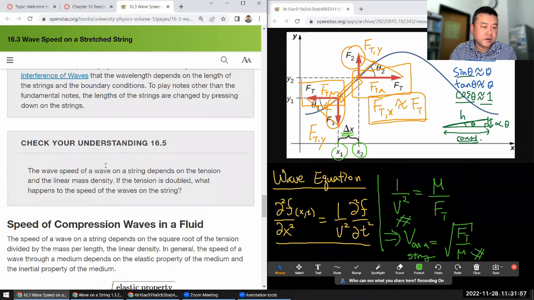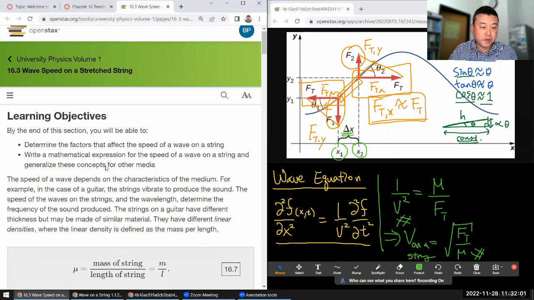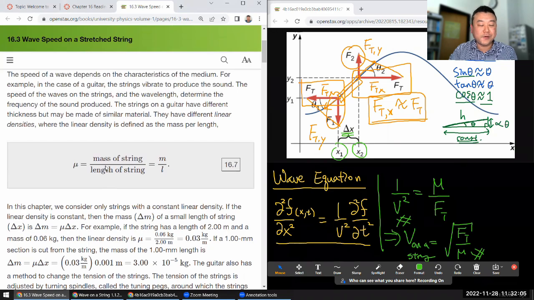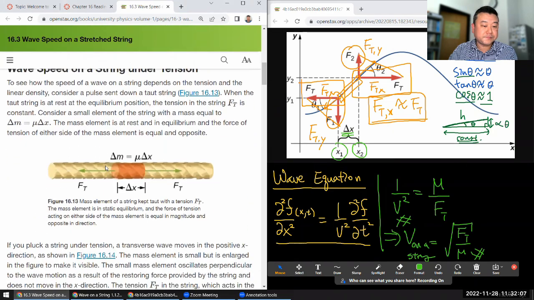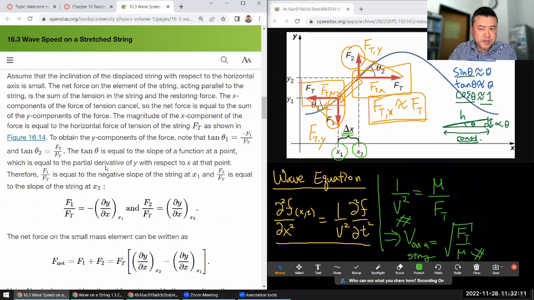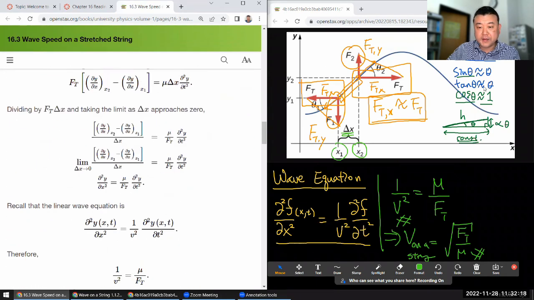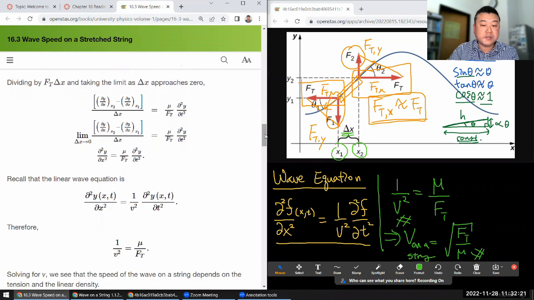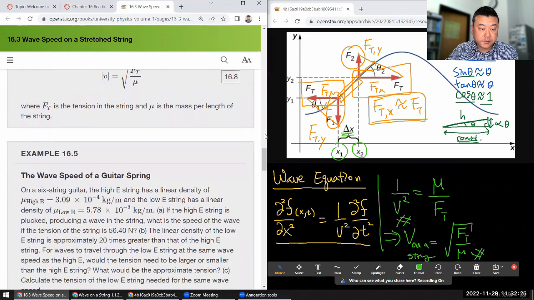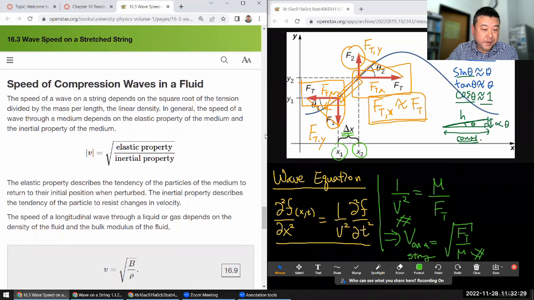And as I was saying, your textbook covers this fairly thoroughly, unlike the wave speed of the compression wave, which they'll just give you the formula for. So I recommend reading through it. And if any of the sections were not clear, then this is my attempt at adding some additional detail on some of the approximations that they didn't fully spell out.